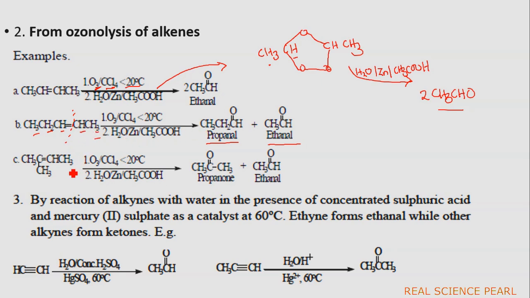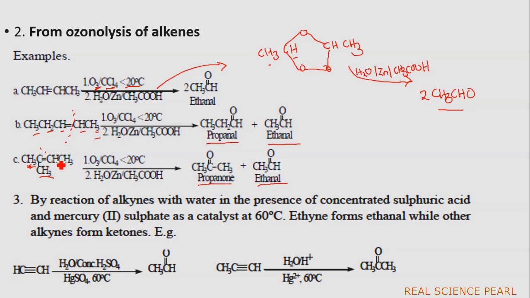Then in case the alkene has a branch, that is a methyl group, next to this double bond, then on this side we shall be able to get a ketone. Like here we are getting propanal, then here I'm getting a ketone.